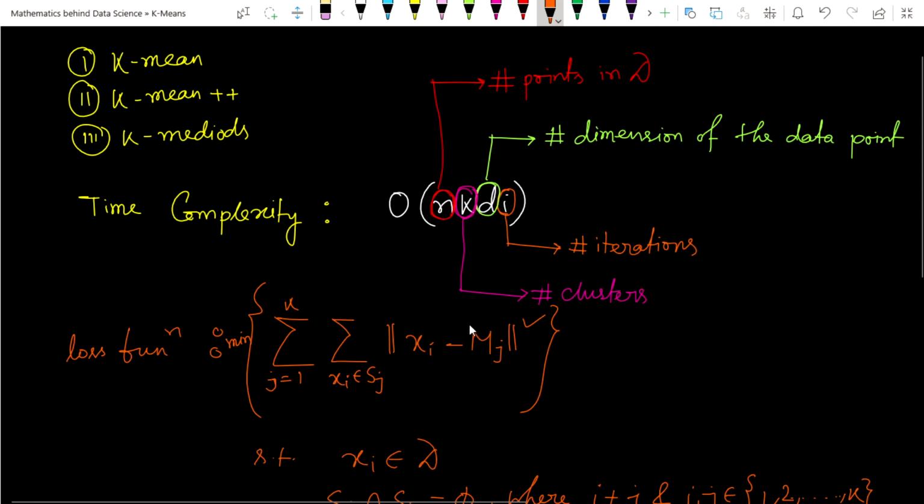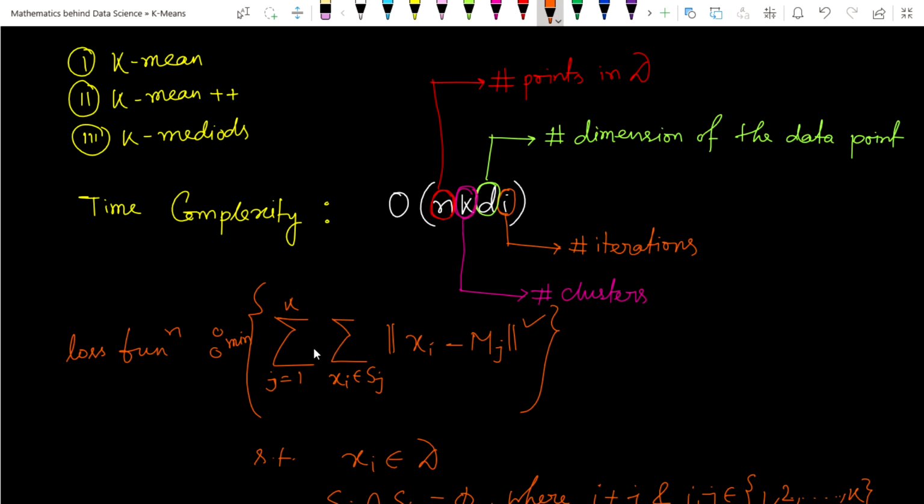First we have to pick up each point, and the number of points in our data set is n. That is why n is responsible. After picking up a point, we have to compute for each cluster. Because of that, k comes.